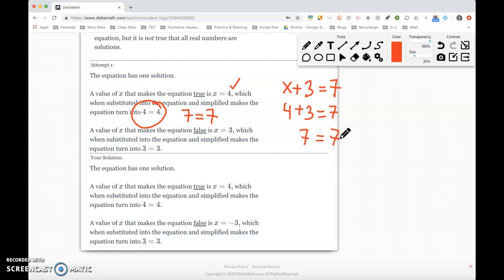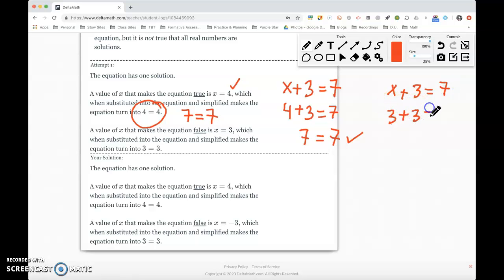Real life here. Okay, so now you've got your statement of equality. Same thing for if they want to know something that makes a false statement. Just like they plugged in that 5, if you want to say 3 makes a false statement, you'd have to plug in 3. So you have 3 plus 3.